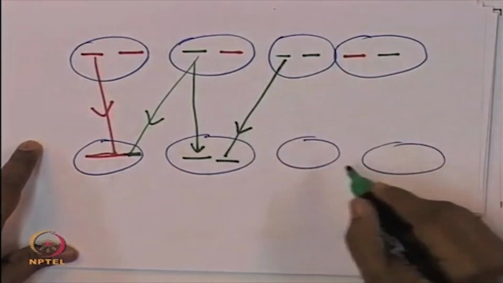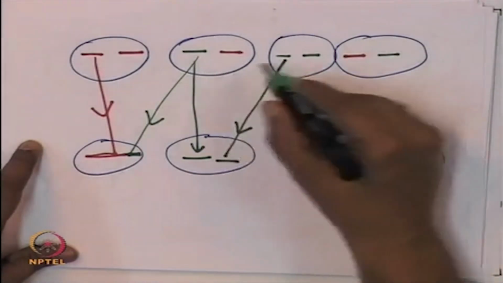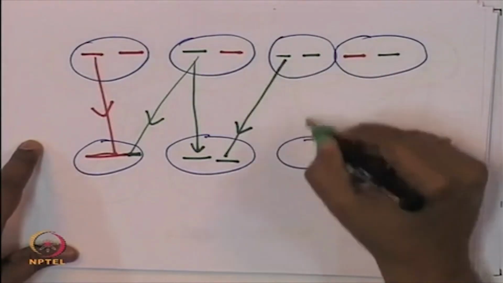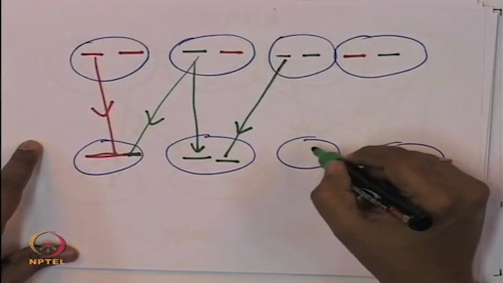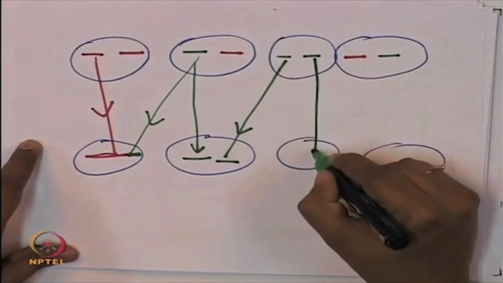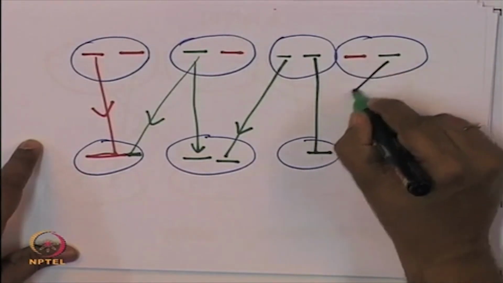So you have this. Now let us imagine that this and this have a mating, and then you get this. So this gives again one of its greens, and this gives also its green.